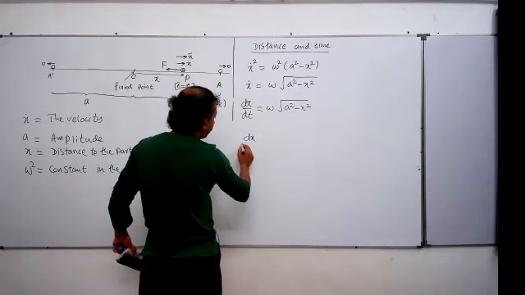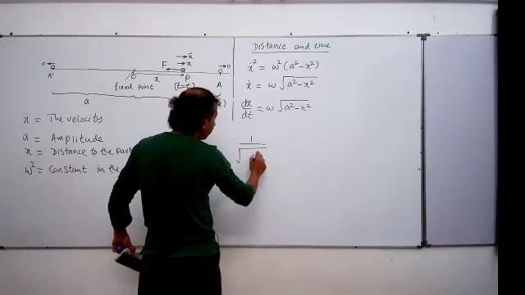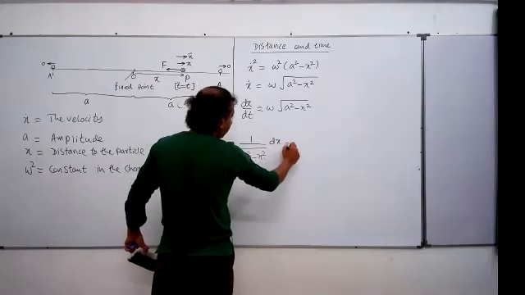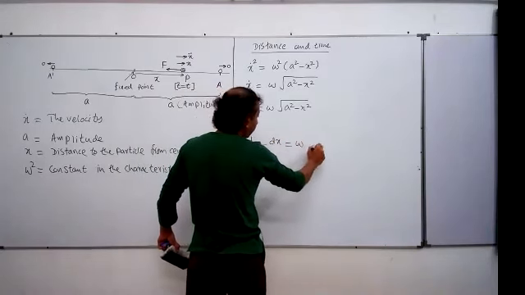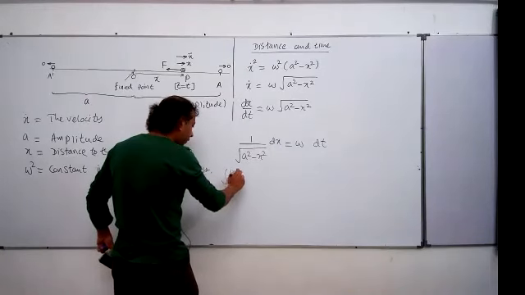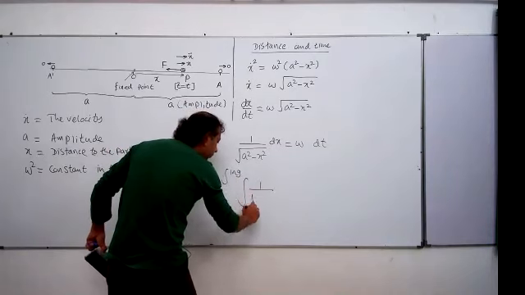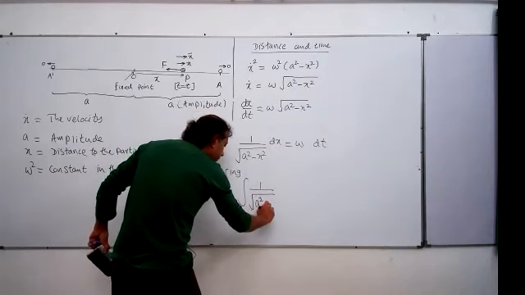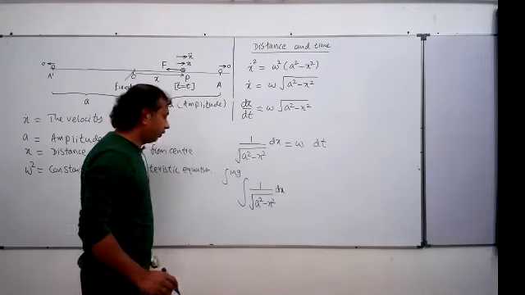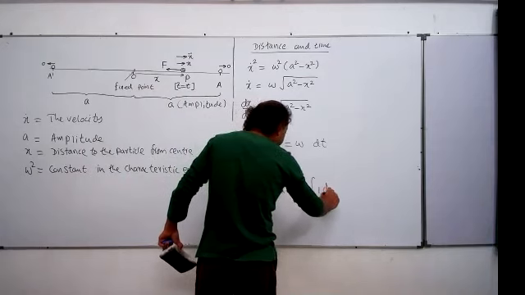Taking the root term to the left-hand side, dx divided by the square root of A squared minus x squared equals omega dt. We get like this, equals omega times the integral of 1 dt.